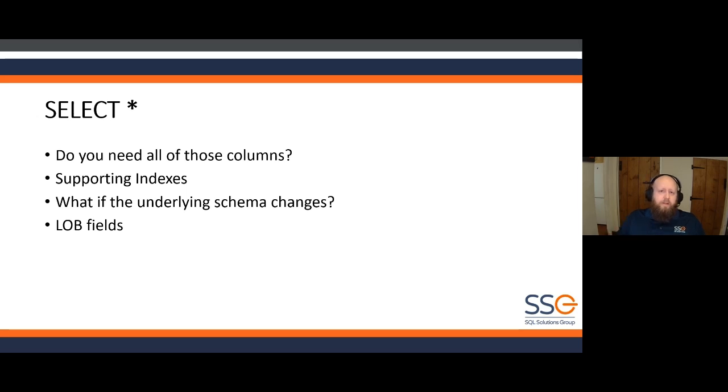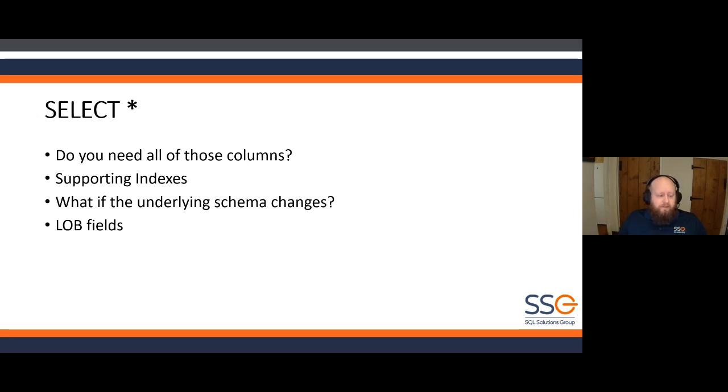If you were to only return the fields you need, then your indexes can be much slimmer, only containing the columns you need, and that will save you on disk space, memory, disk I/O. By always selecting star, you're always returning a bunch of stuff you probably don't need. It's much better to specifically declare the fields you need. I need the ID, I need the name, I need the date, whatever.